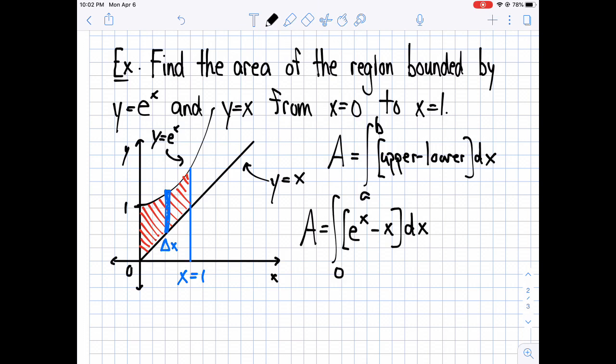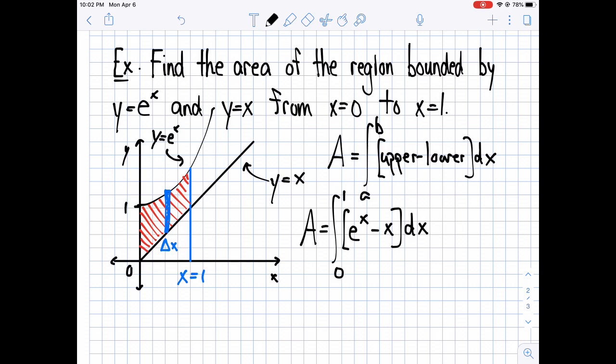So our lower limit of integration will be 0. And the largest value of x will be x equal to 1. So that will form our upper limit of integration. And this integral right here is going to give us the area between these two curves, the area of that two-dimensional region. So let's actually figure out what it is.